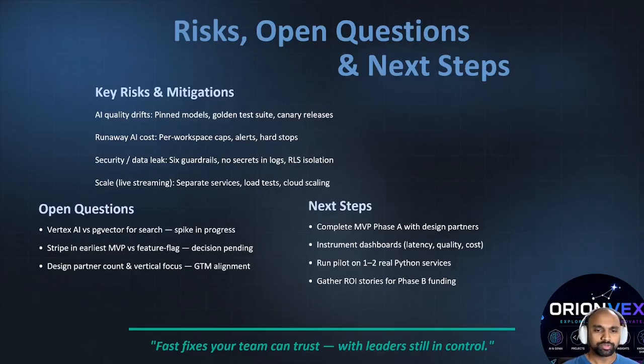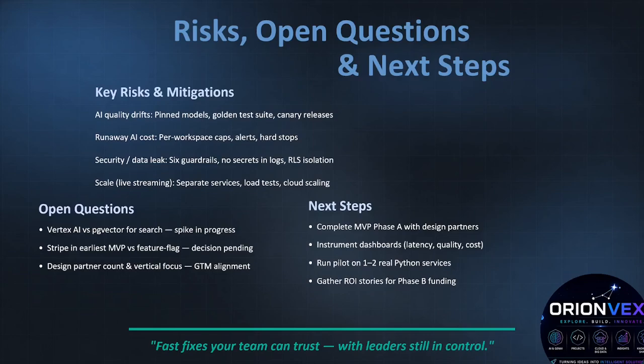And risk and open questions for next steps. These are the key risks and mitigations. The first thing is quality drift. As we are using an AI model, when the model shifts or if we adopt any new model, there is a chance that result drift will be there.